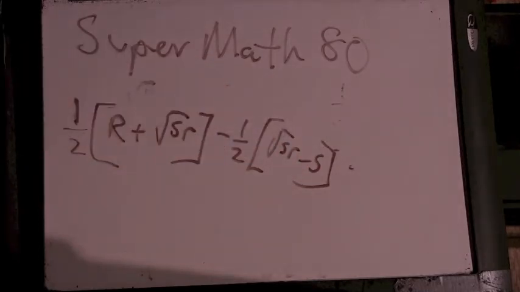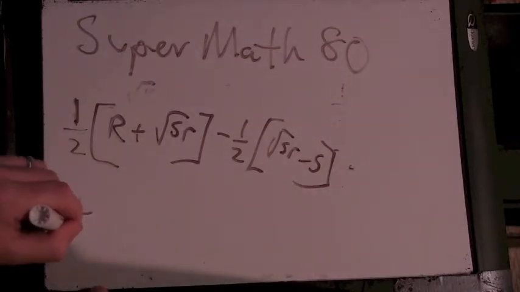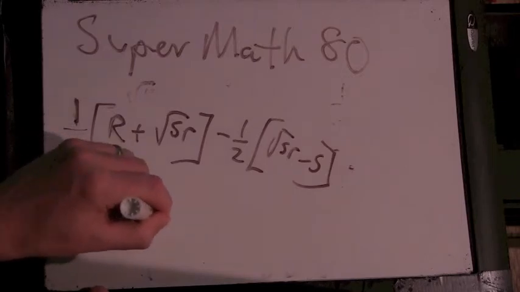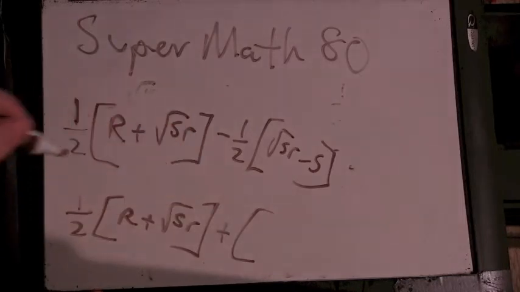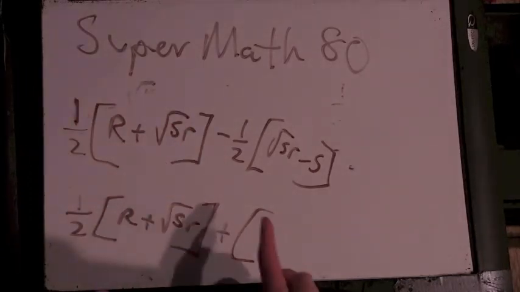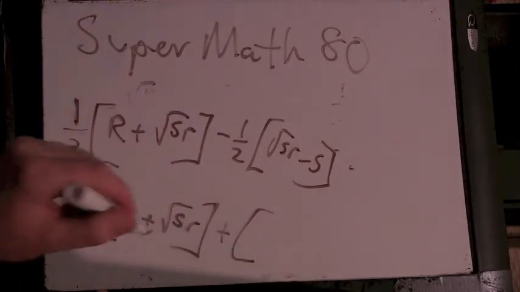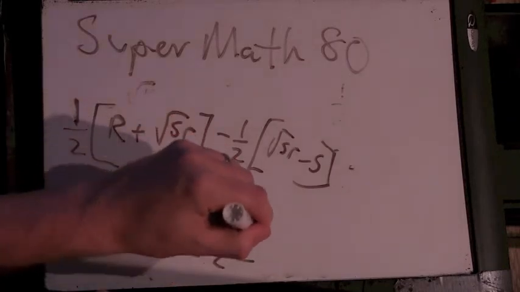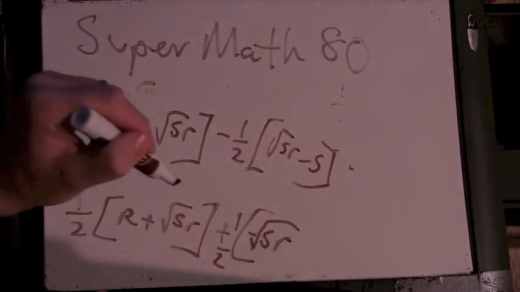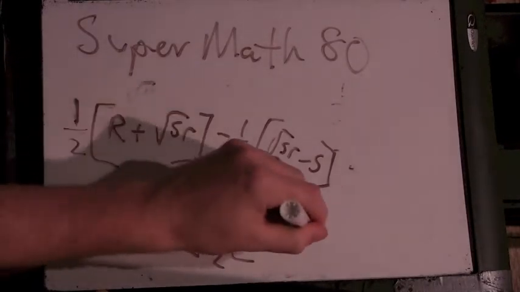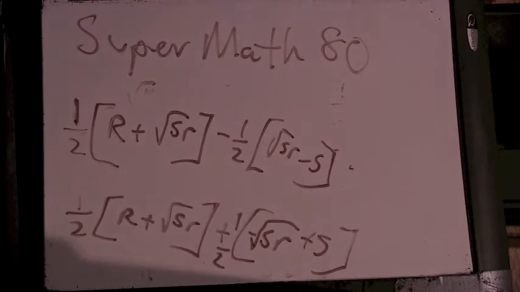So what does this simplify to become? Well, you can multiply the minus through. Okay. And you get R, square root of SR plus... if we multiply the whole minus, well, it's minus SR. I guess I gotta remember my half. Minus SR square root. Yeah. Plus S. So the whole thing simplifies to be?